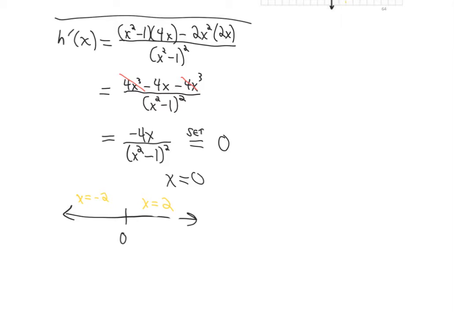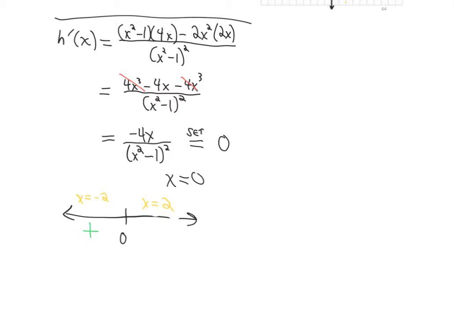We can still reason in a similar way as I was about to say earlier. So plugging in -2 for x will make this numerator equal to a positive number. The denominator, again, will always be positive as long as we don't pick -1 or 1 for x. So what that means is we have a positive first derivative to the left of 0.